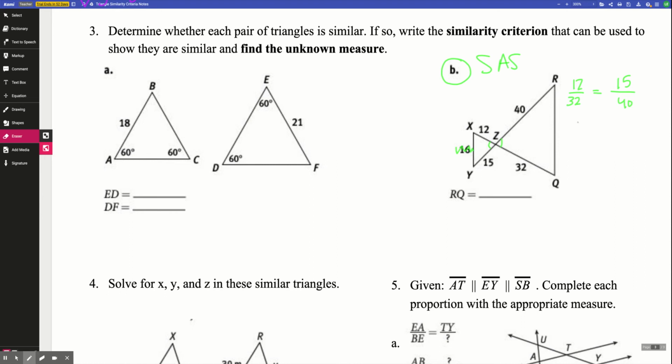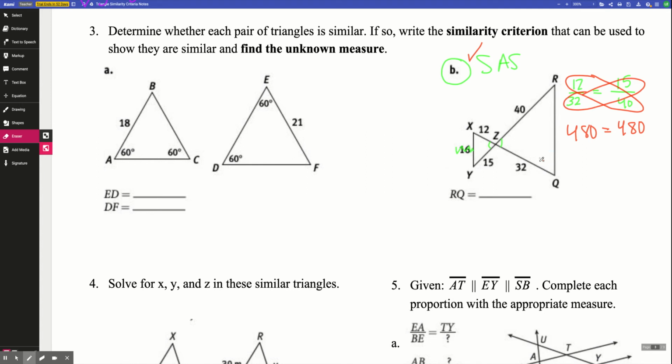So I'm going to go ahead and do the cross multiplication method because I haven't done that one in a while. So we have 12 times 40, and then we have 32 times 15. So 12 times 40 is 480, and 32 times 15 is also 480. So I can say, check, yes, those are similar by SAS.